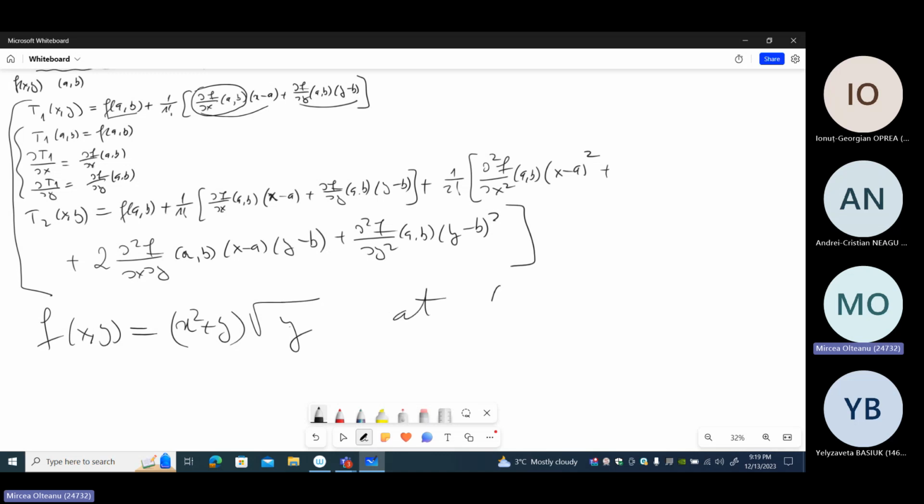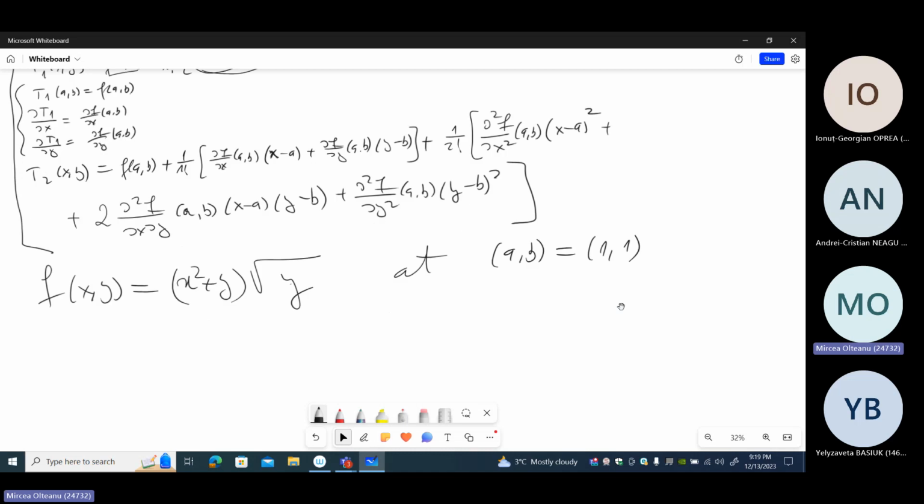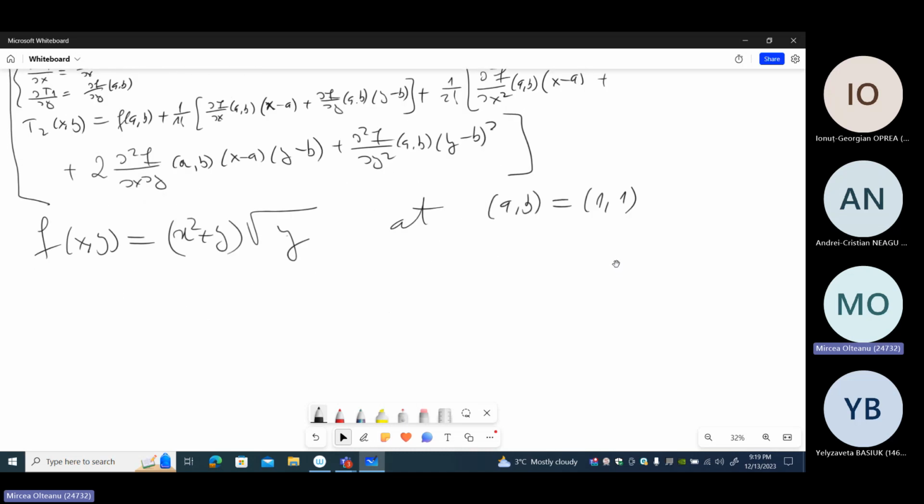At the point (a,b), let's take it to be 1, 1. Okay, so the linear and the quadratic approximations of this function at the point 1, 1. So, okay, let's put it minus 1, 1 to be less symmetric.